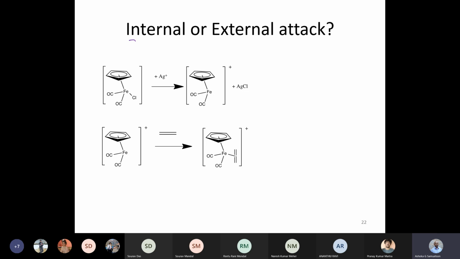So internal attack is the migratory insertion, MI. I will label it as MI, migratory insertion. Internal attack, or is it an external attack? That confusion happens. In this particular instance, there is some evidence in the literature that in fact it is an external attack.